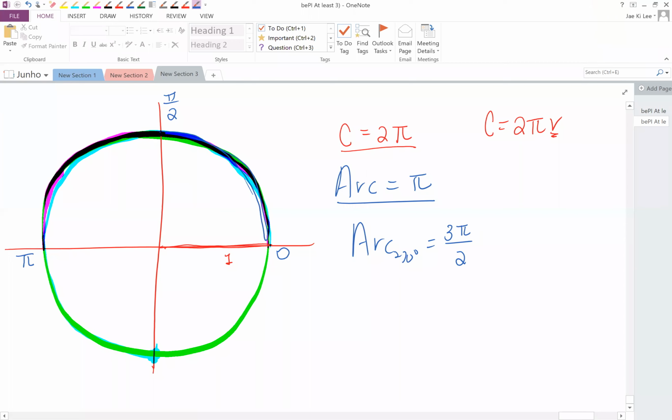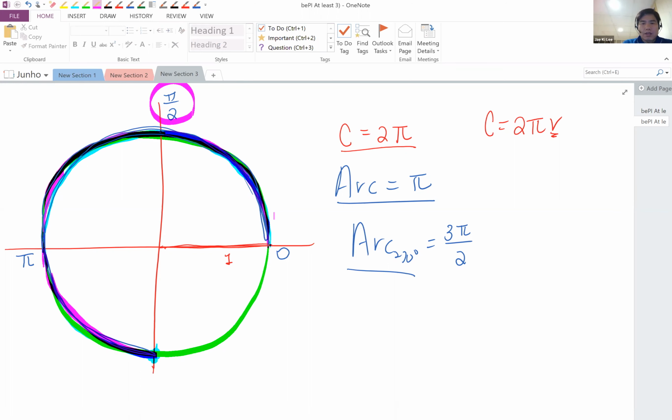Could you go over that again? Arc 270, so we know the arc of a half circle becomes pi, right? Now the arc of 90 degrees becomes pi over 2 because it's half of pi. Now we go beyond pi, until 270, until here. This arc equals pi over 2 because it is the same as this arc.